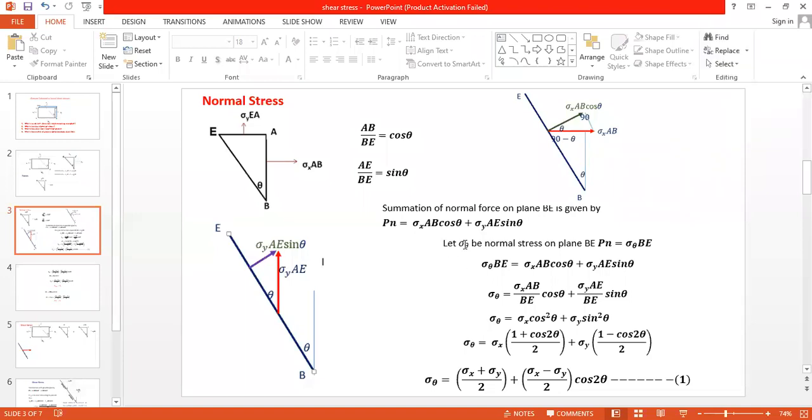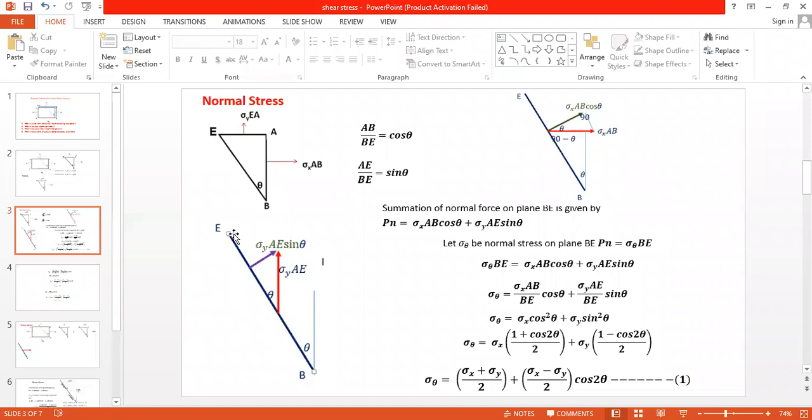Now sigma theta be the normal stress on plane BE. That means we have assumed sigma theta as the normal stress on this plane BE. Now if this is the normal stress, then what is the normal resultant force on this BE? That is sigma theta into the area of BE.